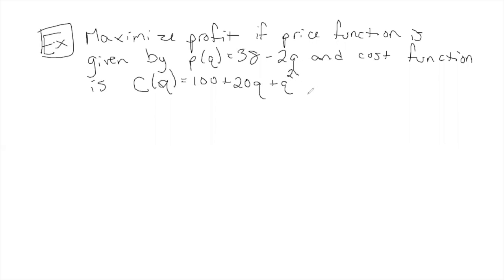Okay, so we want to maximize the profit. And the question explicitly is, what is the maximum profit? So this is where it differs a little bit. In this case, we're not looking for the price which gives the maximum profit. We're looking for what the profit actually is once it's maximized.